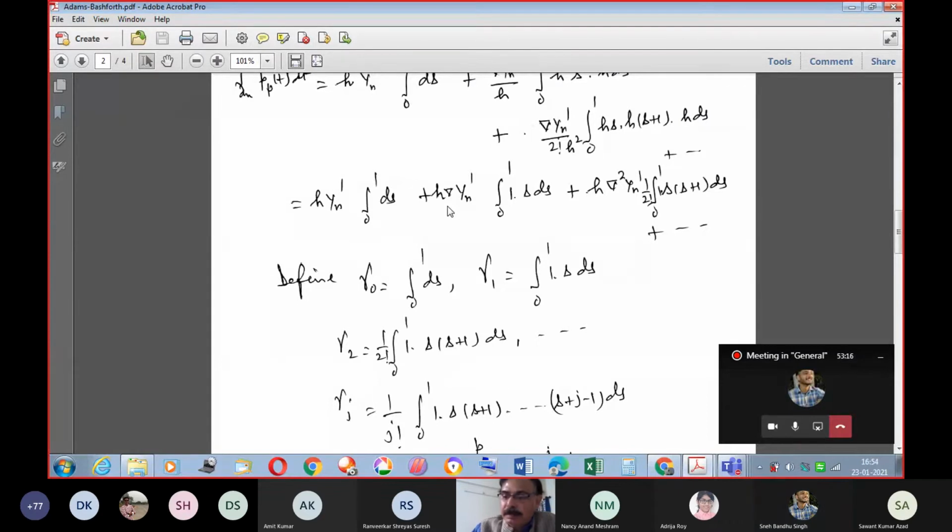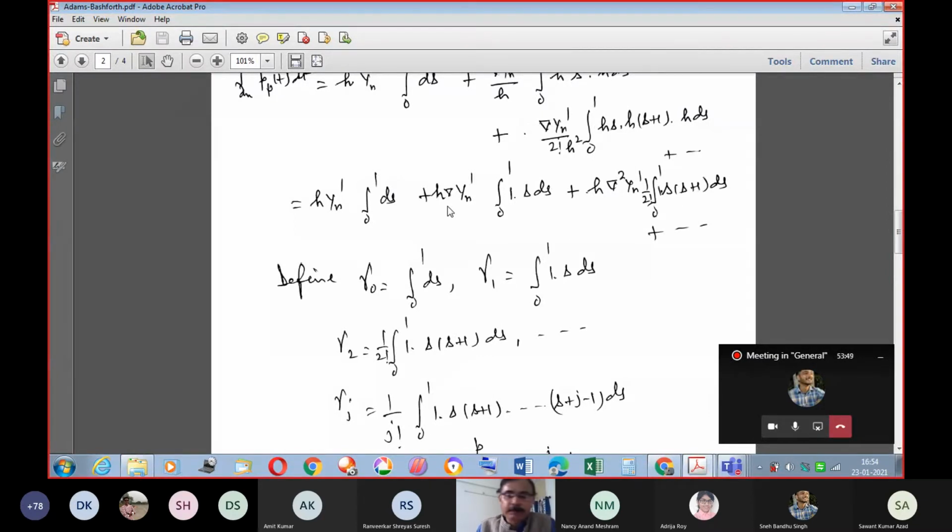It is f, that slope. So rewrite it. Here we have taken one more term, so it is the case corresponding to p equal to 1. You take this yn on the other side: yn plus 1 equals yn plus h yn prime plus 1 by 2 h of yn prime minus yn minus 1 prime. This is the next method.